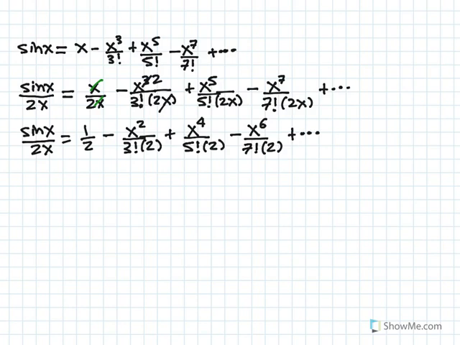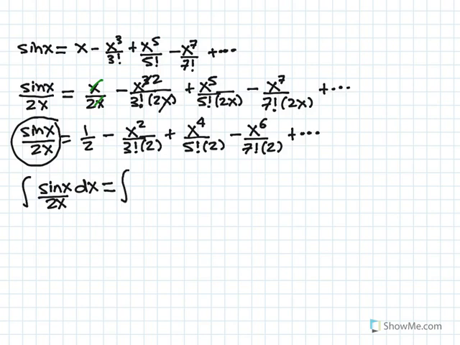Now that we have developed the Maclaurin series of the integrand, sin x divided by 2x, let's integrate both sides to find the Maclaurin series for the integral. So we have the integral of sin x divided by 2x dx. This is going to be equal to, so we're going to integrate both sides.